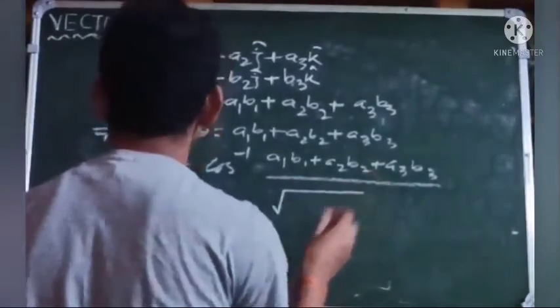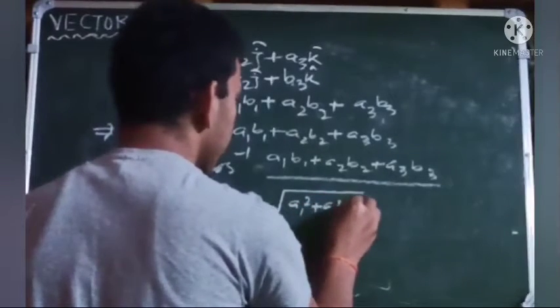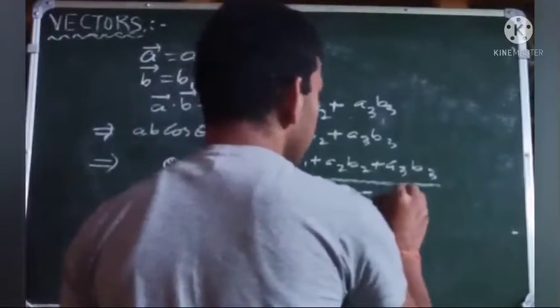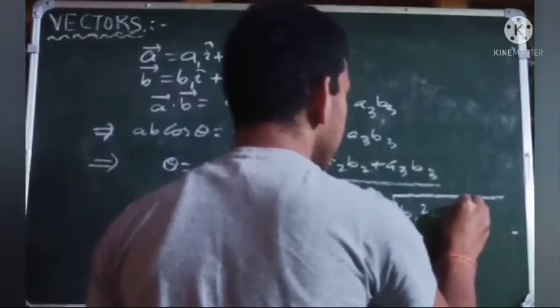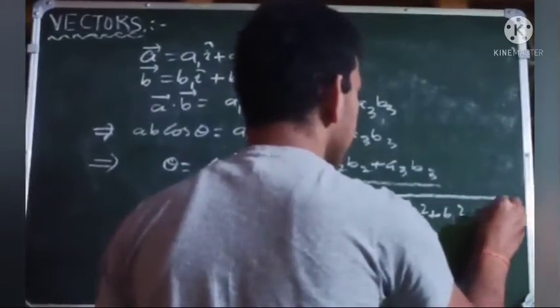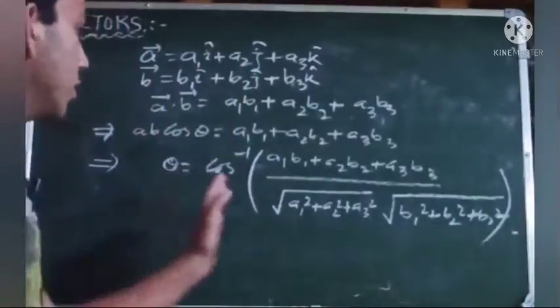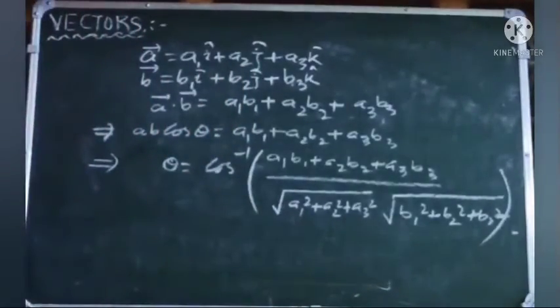Magnitude of a is basically root of a1 square plus a2 square plus a3 square multiplied with magnitude of b vector, that is root of b1 square plus b2 square plus b3 square. Cos of theta will be equal to this term, so therefore theta is equal to cos inverse of this term.